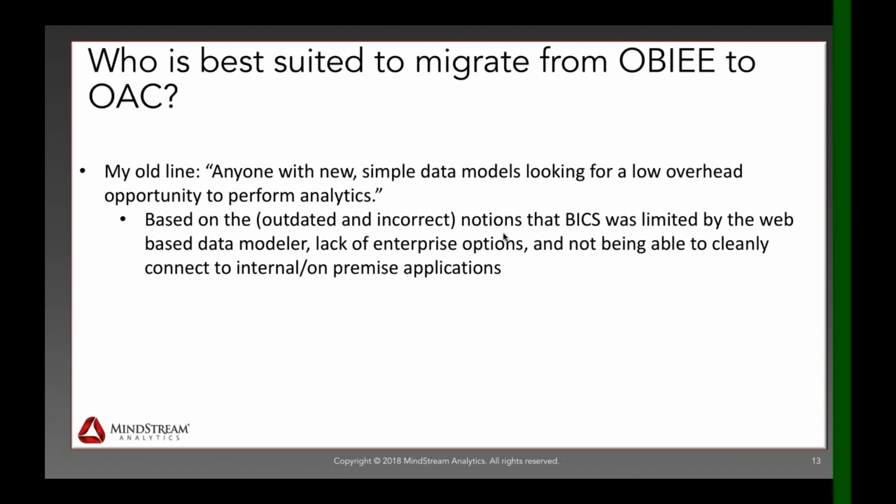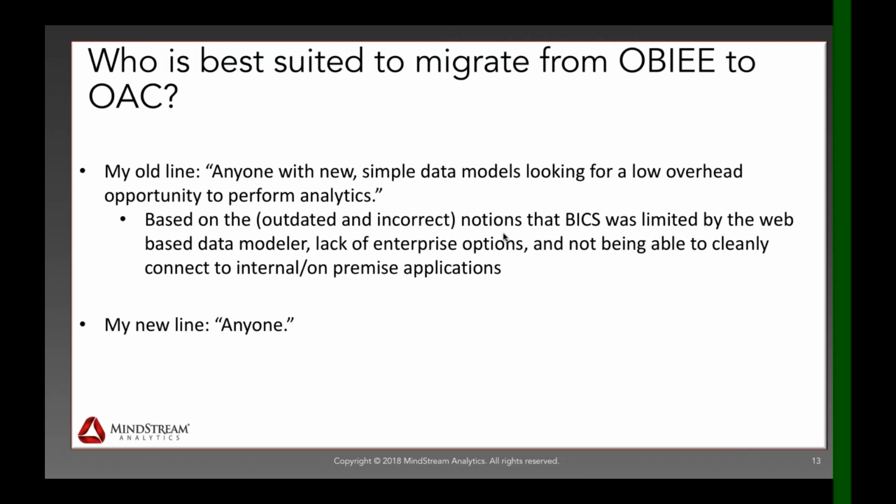If they've got something really simple, because of that web-based GUI that's not real deep, and just want some way to get their foot in the door of analytics and start building from there iteratively. But that's based on outdated and/or incorrect notions about BI Cloud Service, that it was limited by those other factors. So my new line, when somebody asks who's best suited to migrate in terms of OBIEE customers today, is really anyone.